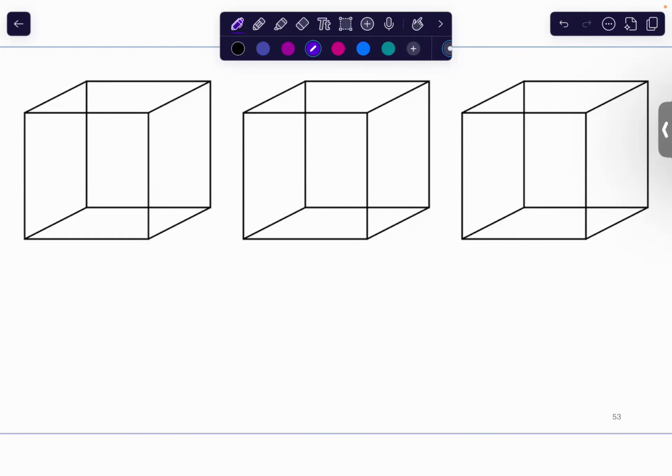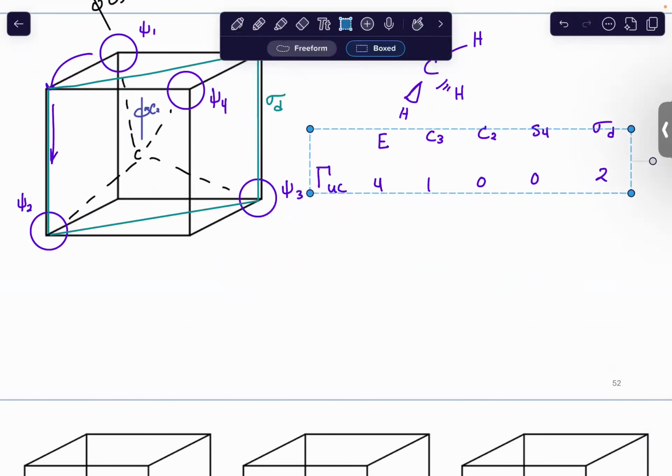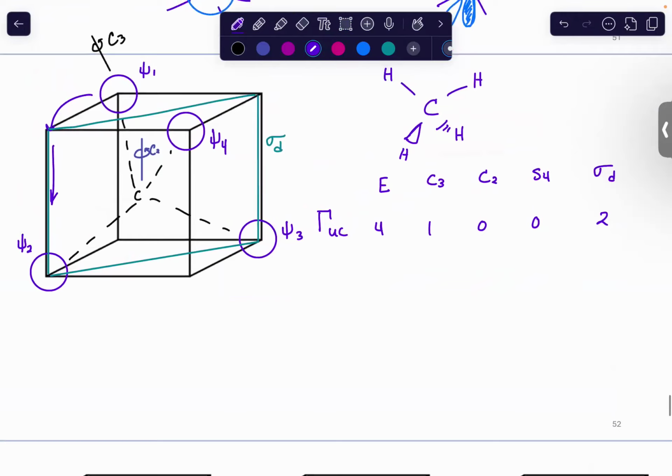Now, let's start going through. For my E, Psi1 stays Psi1.